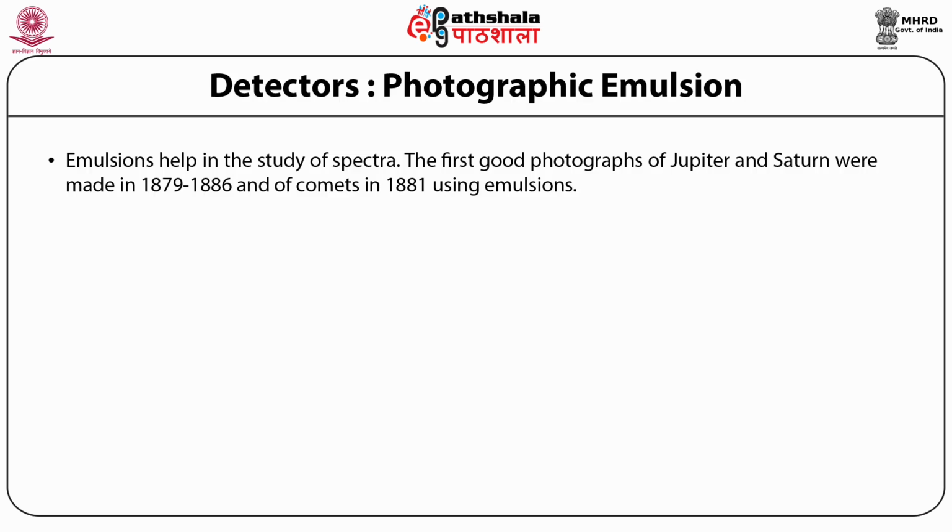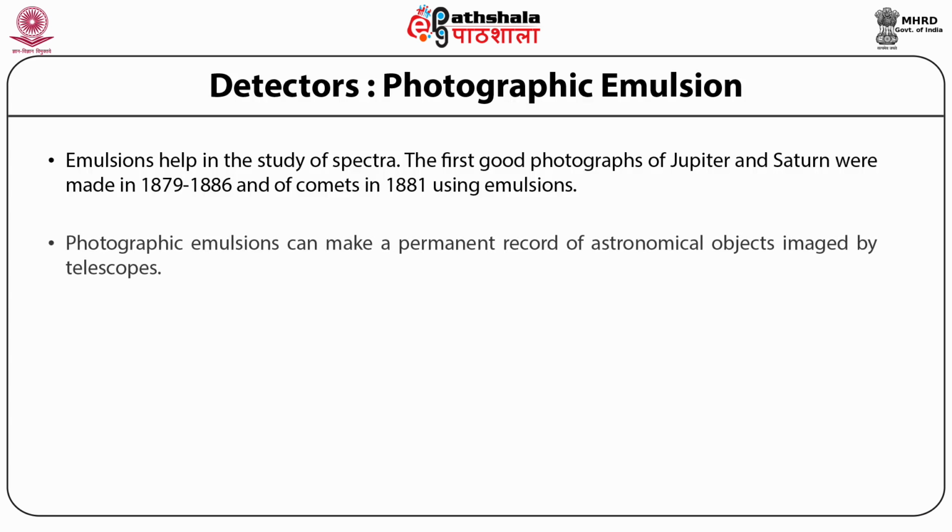However, emulsions are not very good photometric devices for astronomy because of several drawbacks. Photographic emulsions can make a permanent record of astronomical objects imaged by telescopes. However, they are not considered good photometric devices because of several drawbacks.